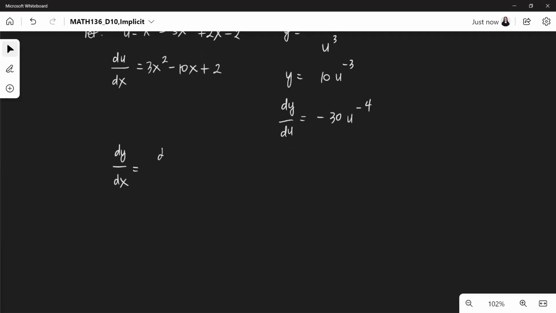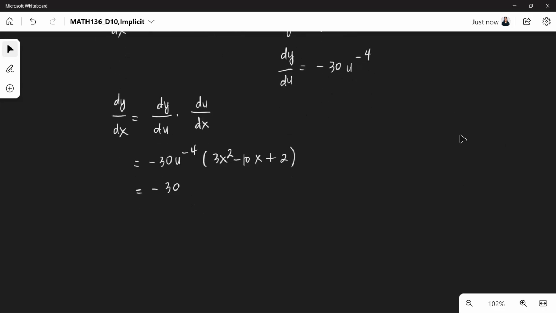So again, the derivative of y with respect to u multiplied by the derivative of u with respect to x. So it's negative 30 u raised to negative 4 times 3x squared minus 10x plus 2. Or you can plug in the u.